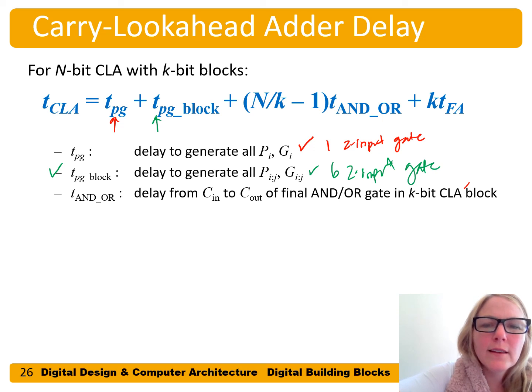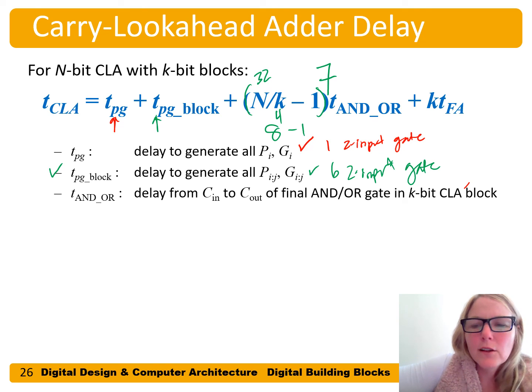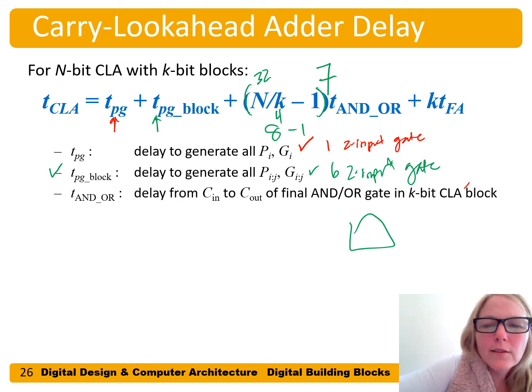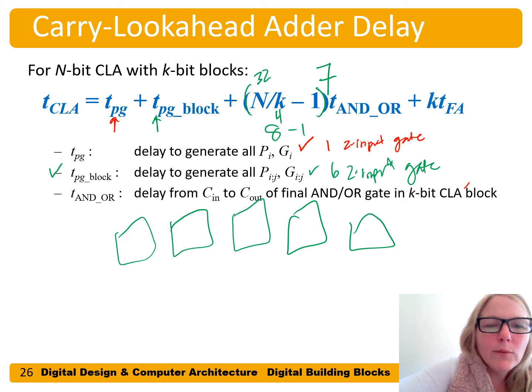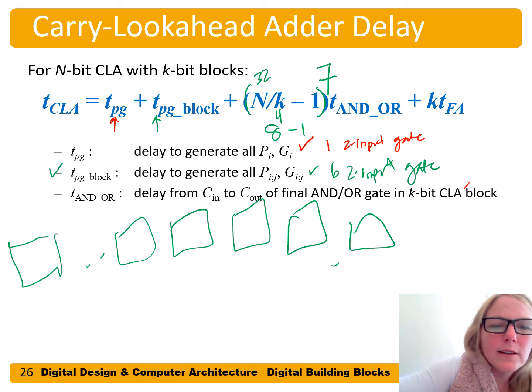And then n over k minus 1: we had 32 and 4, so 32 divided by 4 is 8. Minus 1, we had 7 AND-OR gates. And so it's going to go through those first 7. And when it gets to the 8th block, we get our C27 coming in.